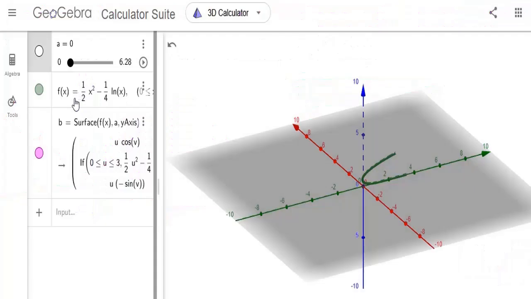This animation is y equals half x squared minus 1 over 4 ln x, and that is the curve, and it is about to rotate around the y-axis. Again, the red is the x-axis, the green is the y-axis, and the blue is the z-axis. Okay, and here you go.